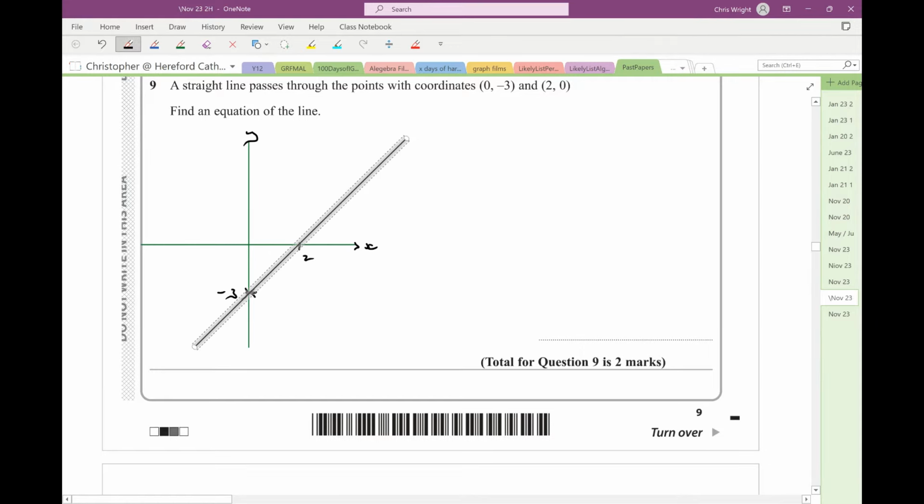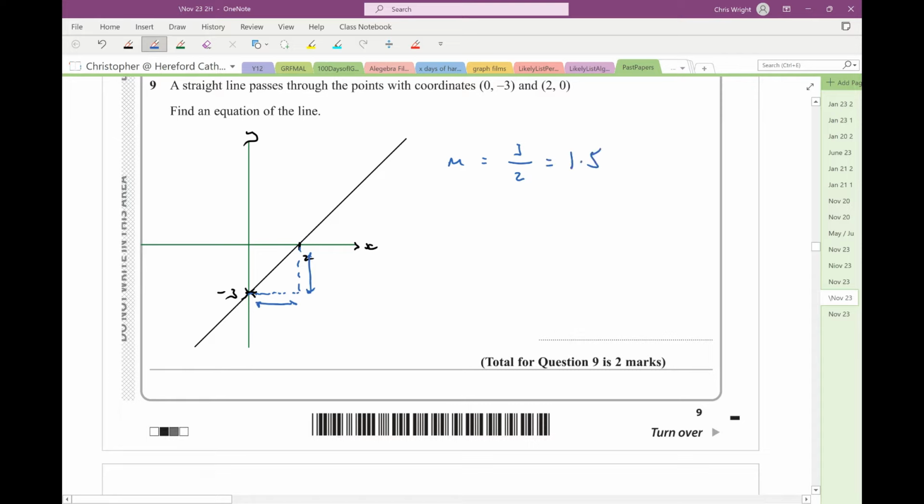Okay, got to find the equation of that line. Well, I wonder if I can find its gradient first of all. Let's have a look. Change in y over change in x. Well, it goes up 3 there, doesn't it? So the gradient, which we often call m, is the change in y, 3, over the change in x, 2. So the gradient's 3 over 2, 1.5.